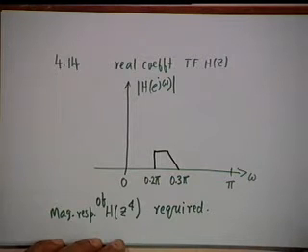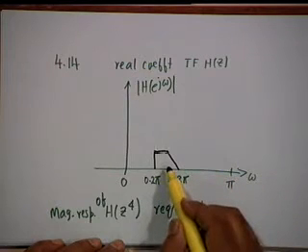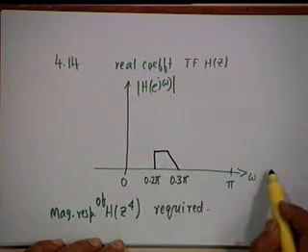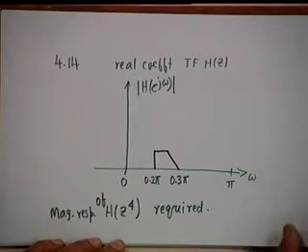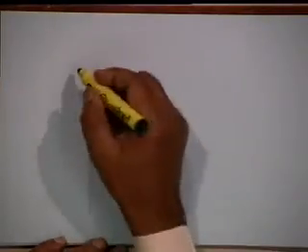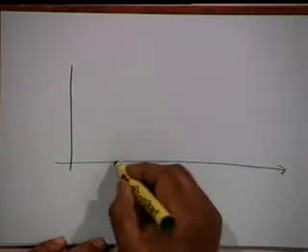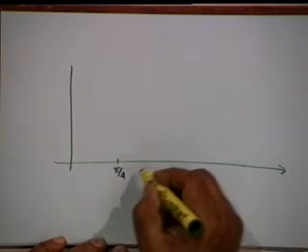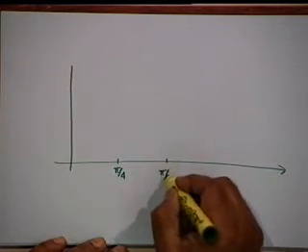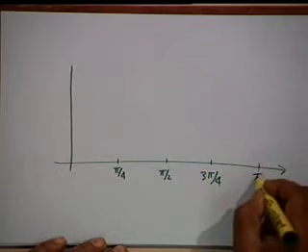So the division by 4 reduces the scale to 0 to pi, and between pi and 2 pi the same thing will be repeated but in a flipped fashion, okay? And therefore the final diagram shall be like this: pi by 4, pi by 2, 3 pi by 4 and pi.